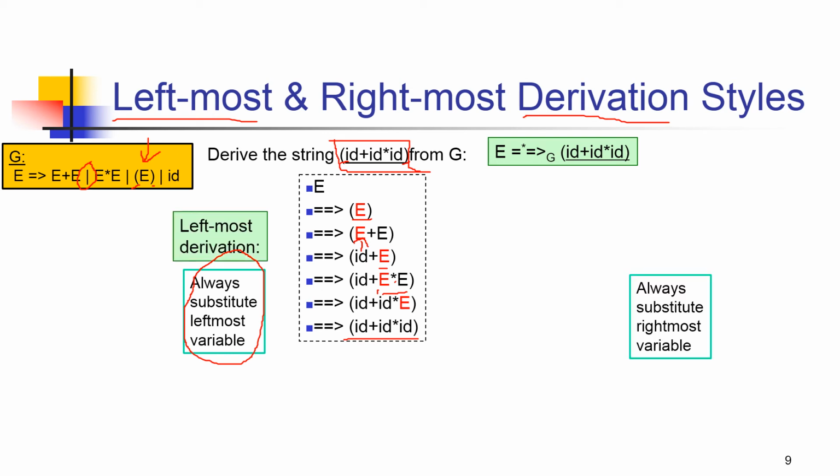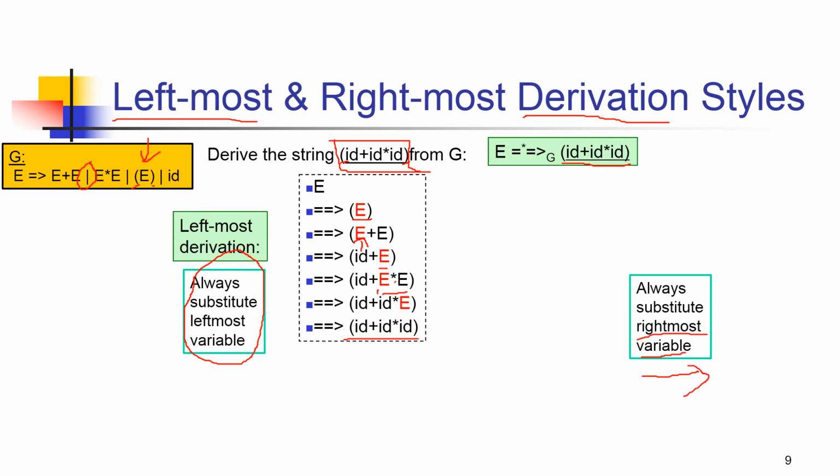Now once we talk about rightmost derivation, it again says that yes, I require the same string, but the variable which I am going to substitute first is the rightmost variable. Now please make sure reading will always be from left to right.